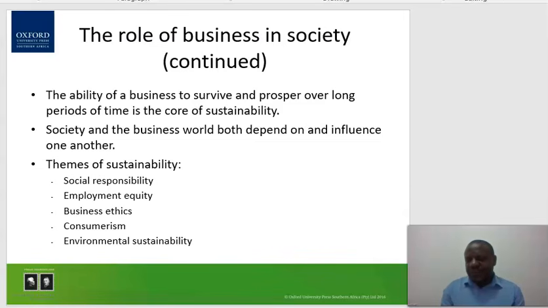But it's important to also realize that once a business is socially responsible, that can also contribute to sustainability. Because if businesses are not socially responsible, some people may actually try to distance themselves from such businesses. The same also applies to business ethics.